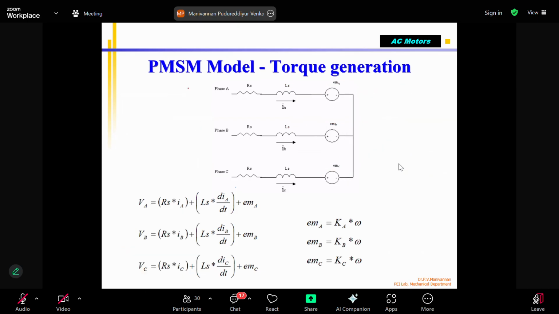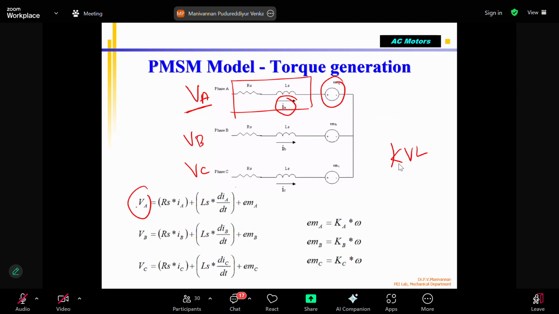Please see that we have applied VA, VB, VC. This is called the input voltage. According to KVL, Kirchhoff's voltage law, the applied voltage equals the voltage drop across the coil due to the current flowing, plus the back EMF.